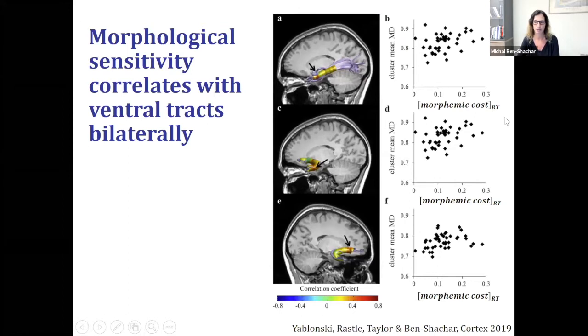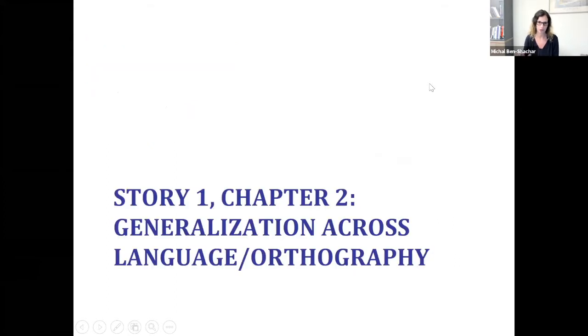You can find this with reaction time and accuracy. You can find it with anisotropy and with mean diffusivity. It's a general phenomenon, but it only generalizes to bilateral ventral tracts. It doesn't generalize to the dorsal stream. So that was the first chapter. And my second chapter of the first story is going to be to attempt to generalize this picture across languages and orthographies.